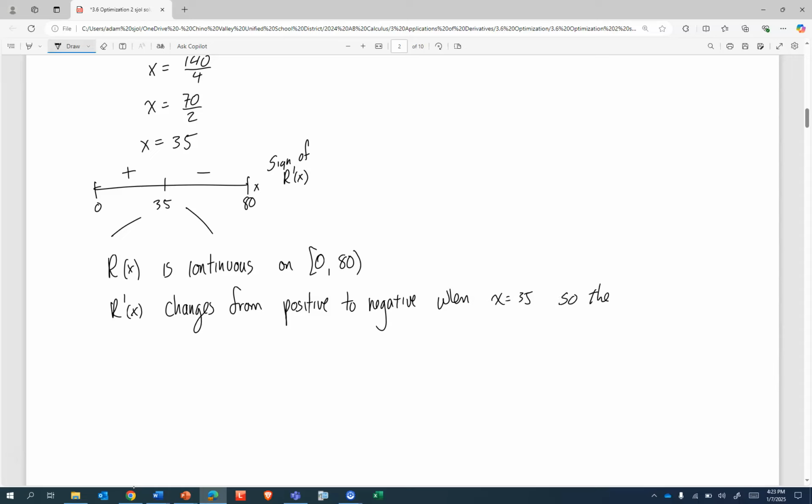So the revenue is maximized. R of x has a local maximum when x equals 35.